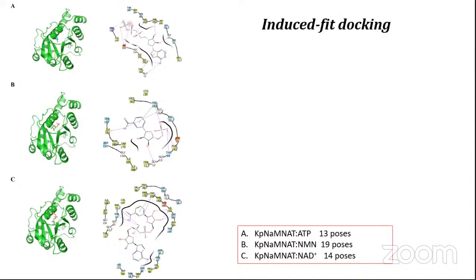An induced fit docking was carried out in order to gain insight into the binding site of the protein and the protein interaction with the ligands, to see if the ligands bind at the same site, and to also understand the stability of the protein.